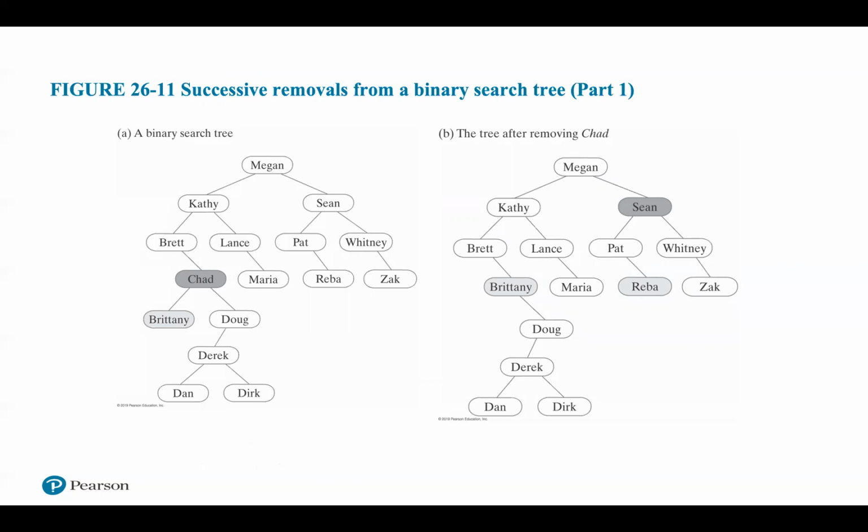To remove Sean from the new tree, we replace it with its in-order predecessor Reba and remove Reba's original node. This gives us the tree in Figure 26.11c. Finally, to remove Kathy from the tree, we replace it with its in-order predecessor Doug and remove Doug's original node to get the tree in Figure 26.11d.